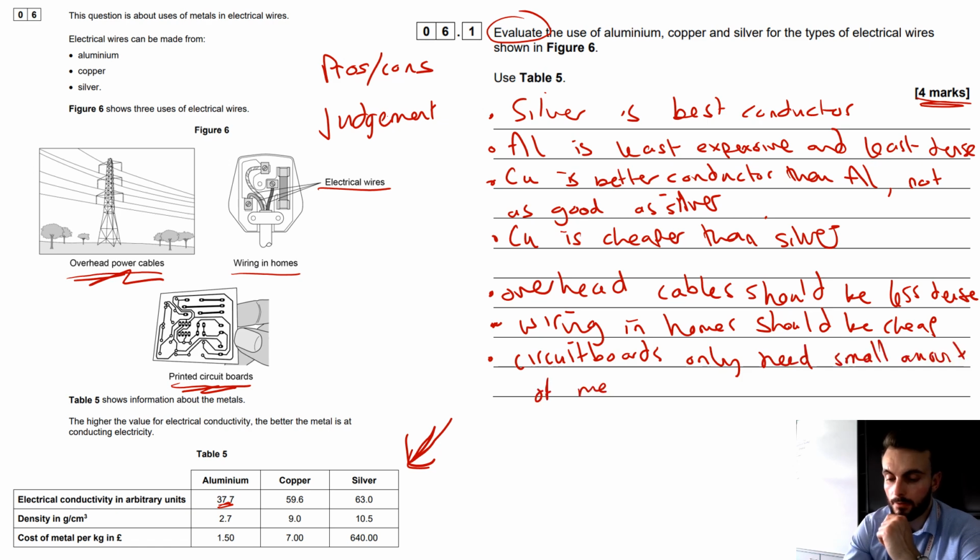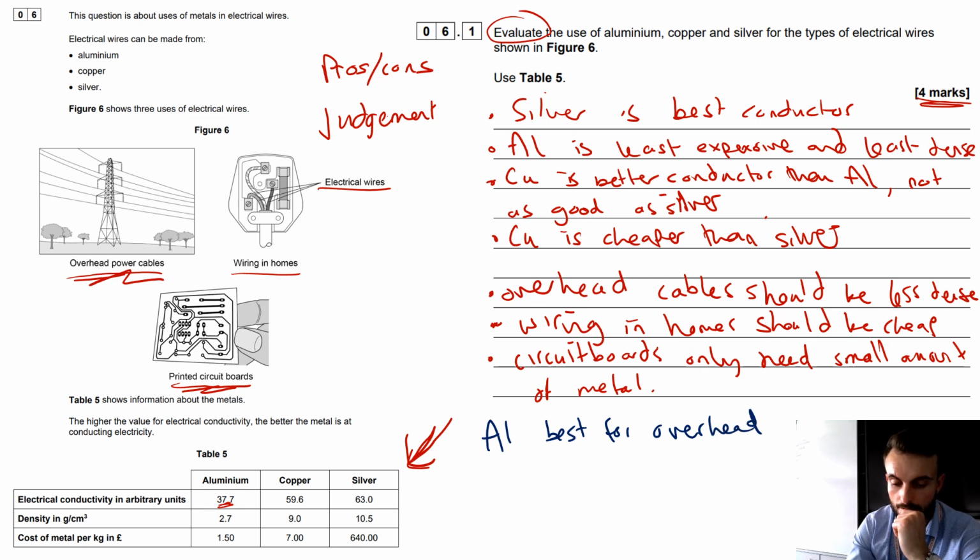So we've stated all of the obvious things that we can get from this information. Then we make a judgment. If we look at all of these, aluminium is best for overhead cables because it's the least dense.